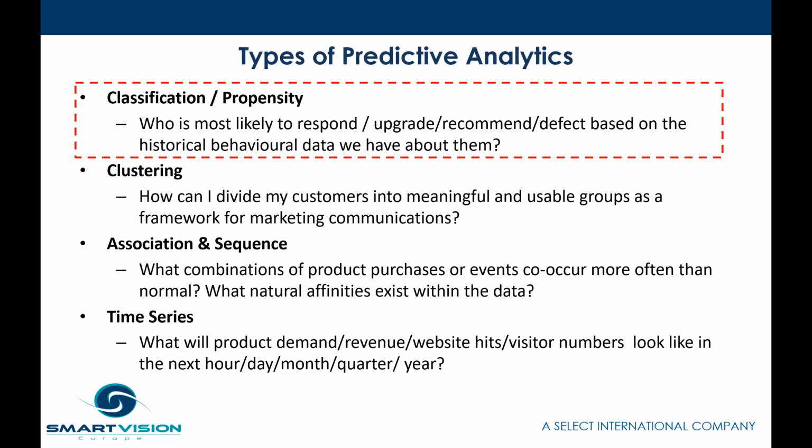So there are different types of predictive analytics. I've alluded to some of them so far. Classification and propensity modeling usually means modeling where you've got some sort of category outcome.